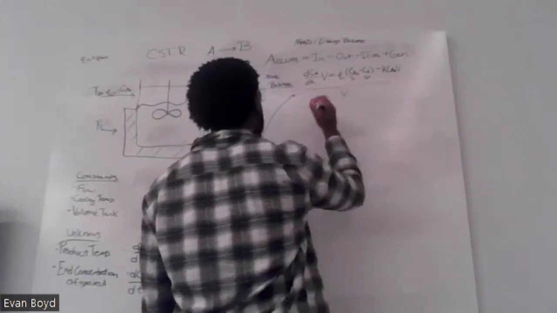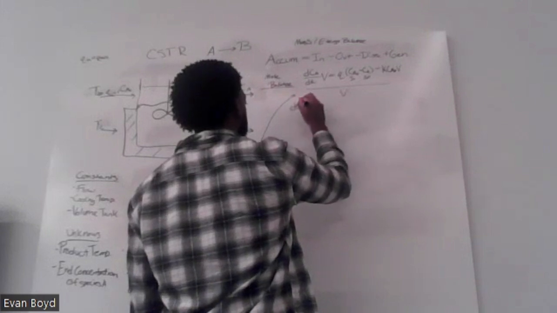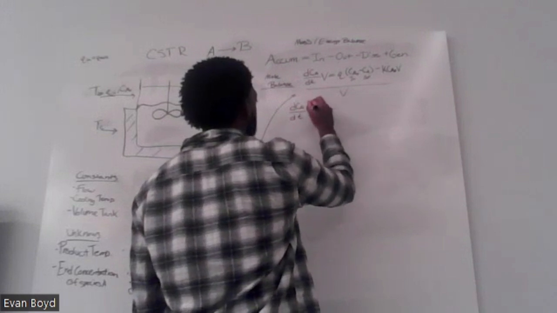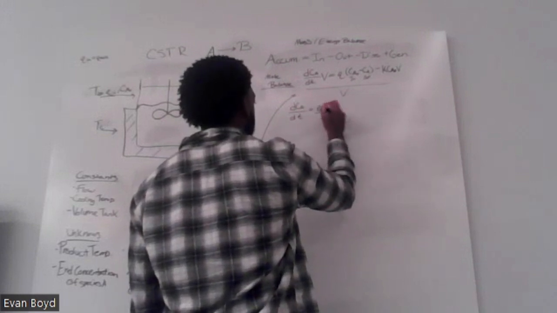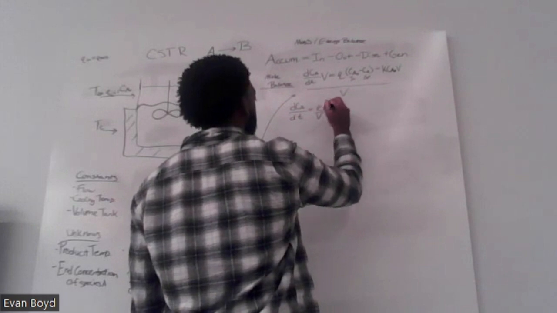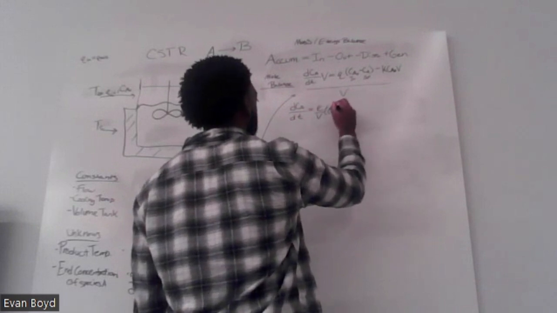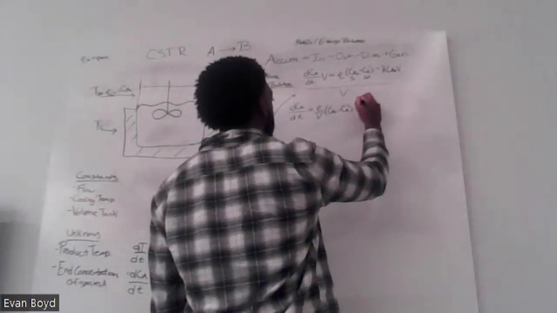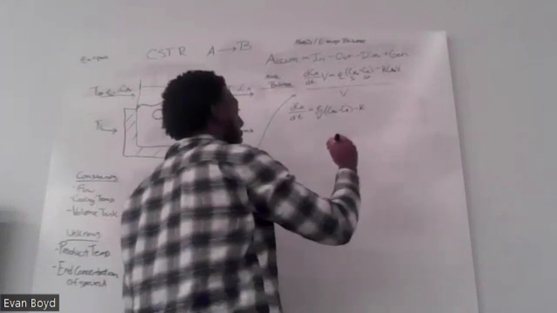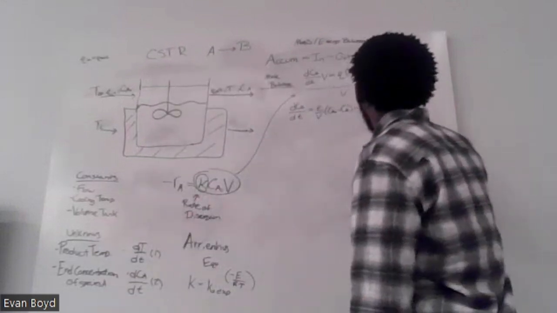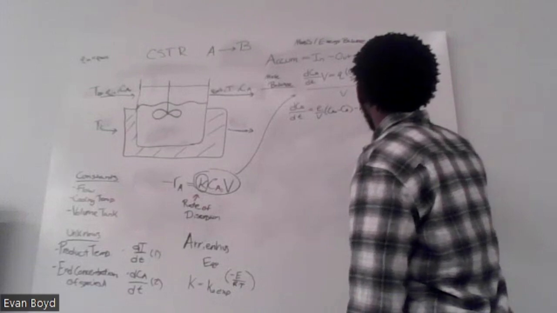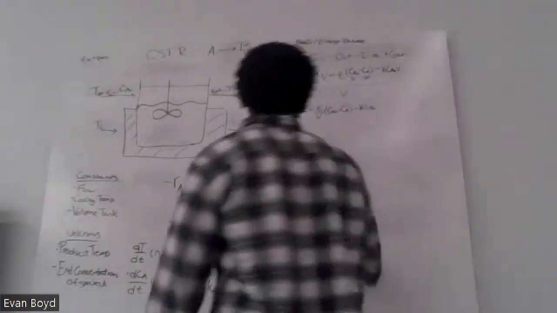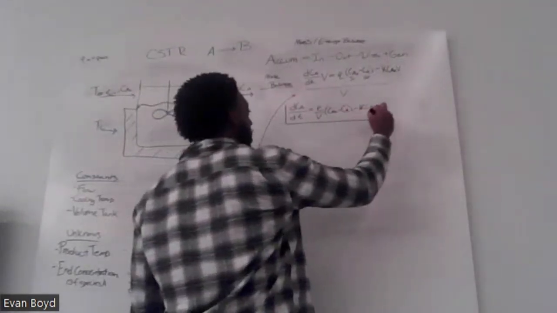It is equal to flow divided by volume times the initial concentration of A minus the final concentration of A, minus the rate of desorption times the initial concentration of A. Okay. And here is our equation for the change in the concentration.